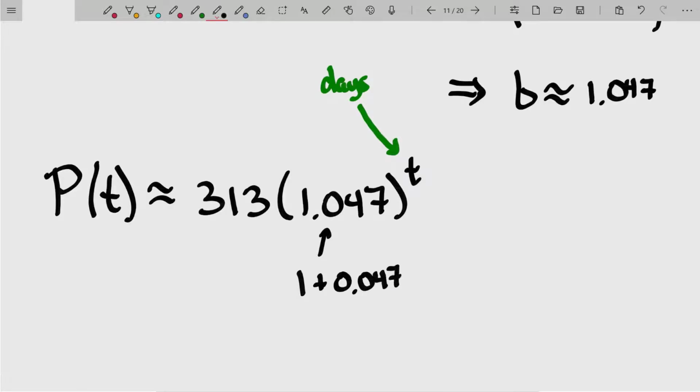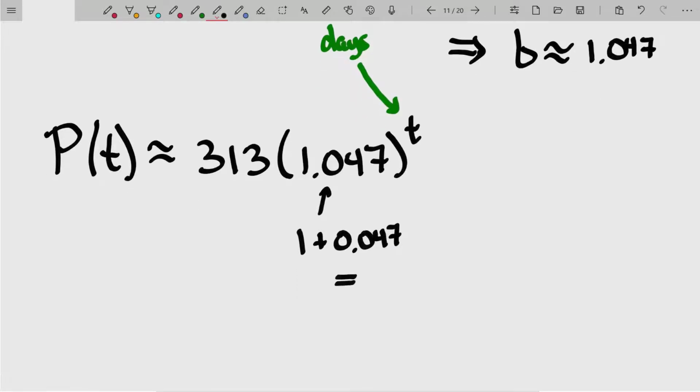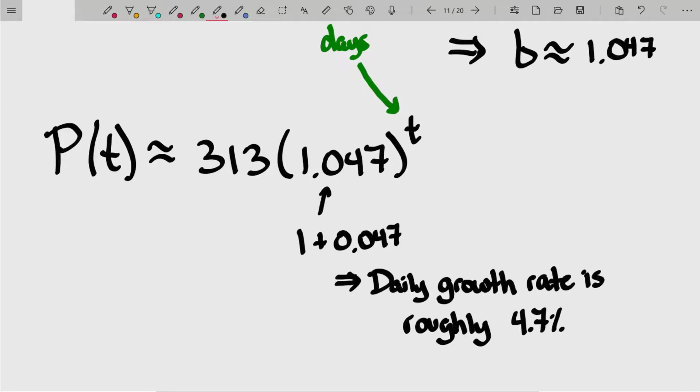So our daily growth rate is roughly 4.7%, because it's 0.047 as a decimal, and you move the decimal place over to get what the rate is in actual percent. So about 4.7% increase on a daily basis from January 22nd to September 27th.